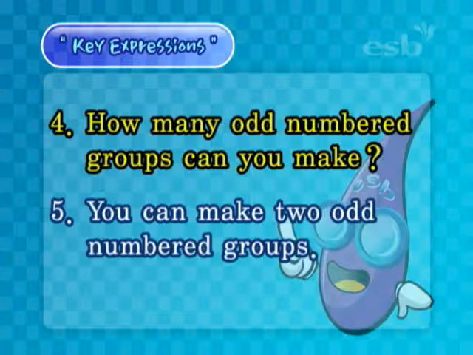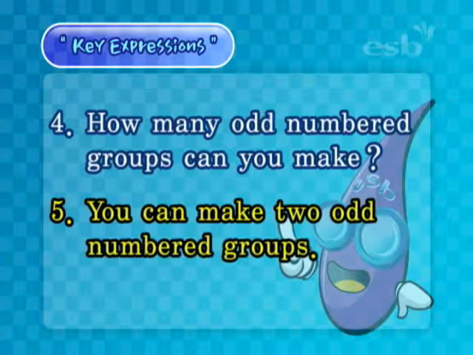And sentence number 5, you can make 2 odd-numbered groups. Okay, those are the 5 main sentences. The topic once again, grouping numbers. Are you ready to study?